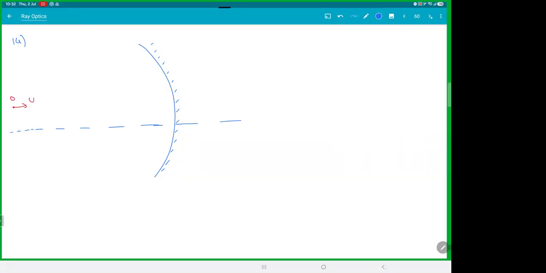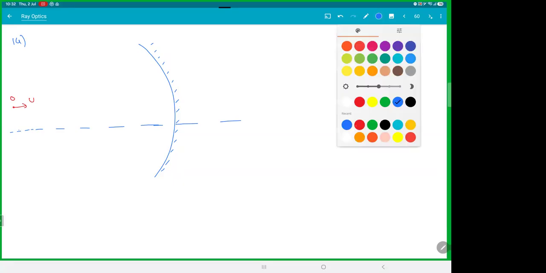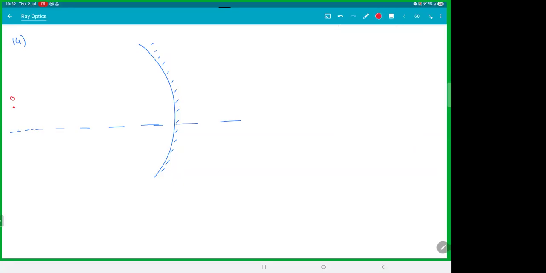So it is above the principal axis and it is moving parallel to the principal axis. Rays are paraxial. It is close by, but it is not on the principal axis. Principal axis from minus infinity to pole.